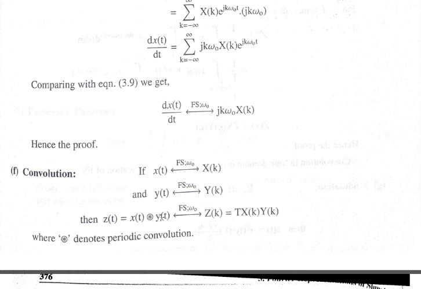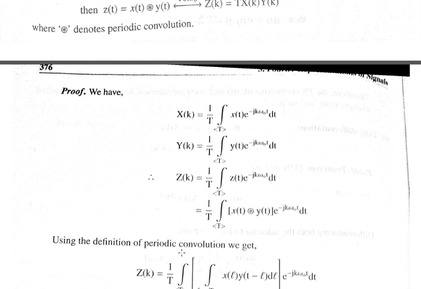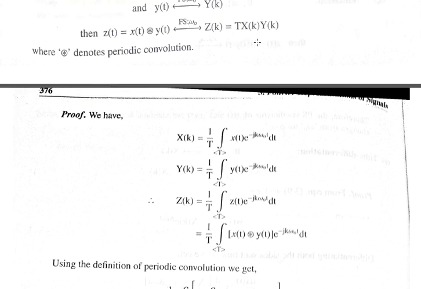If I need that signal in the time domain itself, I can go for the reverse process, the inverse Fourier process, and we'll get that signal. So Fourier makes lots of mathematical calculations in the time domain easier, and convolution is just a multiplication in the frequency domain.